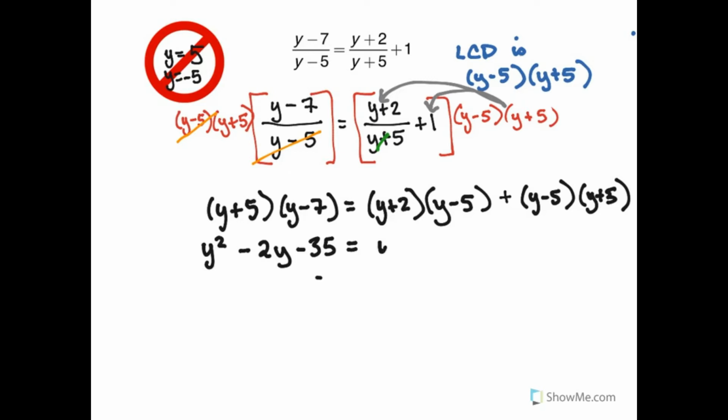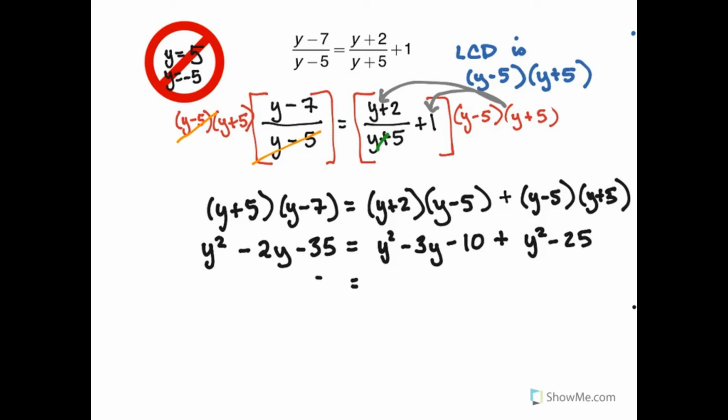So that gives me y squared plus 2y minus 5y is minus 3y, and 2 times negative 5 is negative 10. Then I'm adding y minus 5 times y plus 5, and that gives me y squared minus 25.